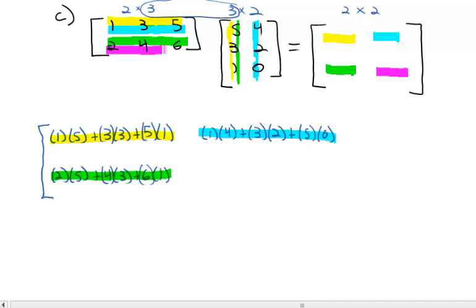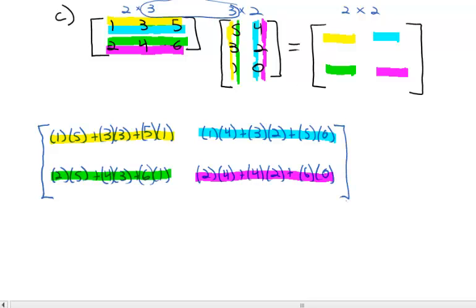Finally, we've got the second row, second column. So in this case, it's going to be 2 times 4 plus 4 times 2 plus 6 times 0. And that's the second row, second column. And now we just have to evaluate each of these to get our 2 by 2 solution matrix.